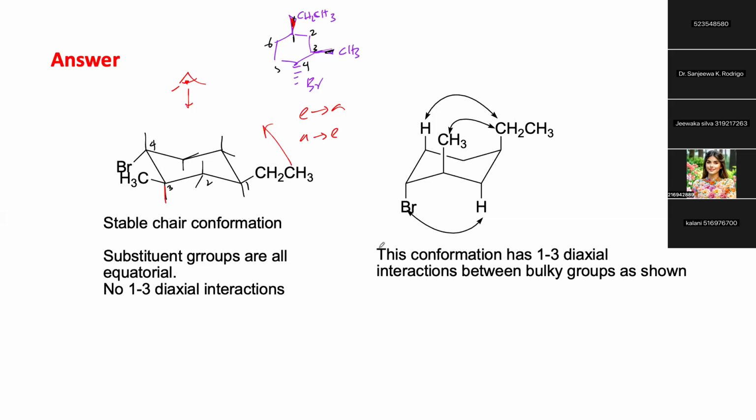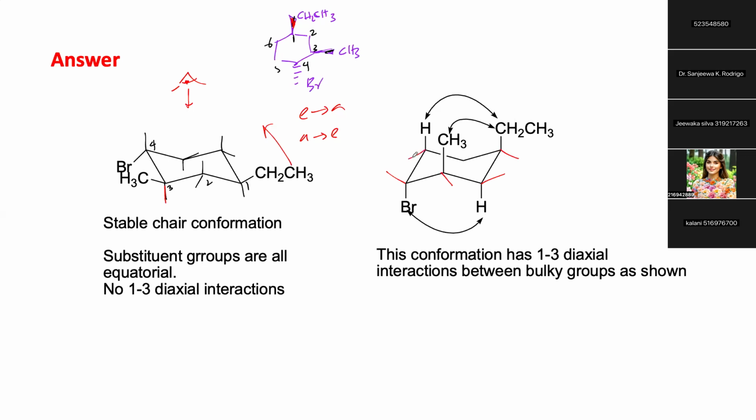Now, as I said, the other conformation also should have the same stereochemistry. In the other conformation, bromine should still be going down, but now it's in the axial position. See, now the equatorial position is coming up, and it's all changed.